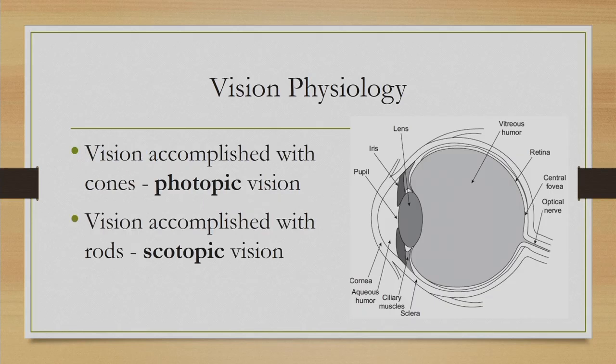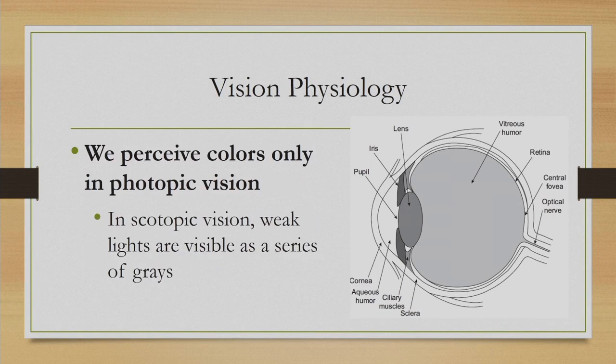Now, when we get to see something with the help of cones, that is called photopic vision, and when we get to see something with the help of rods, that is called scotopic vision. So, there are two types of vision, photopic and scotopic. And when we say we are seeing a colored image, the fact is we perceive colors only in case of photopic vision.